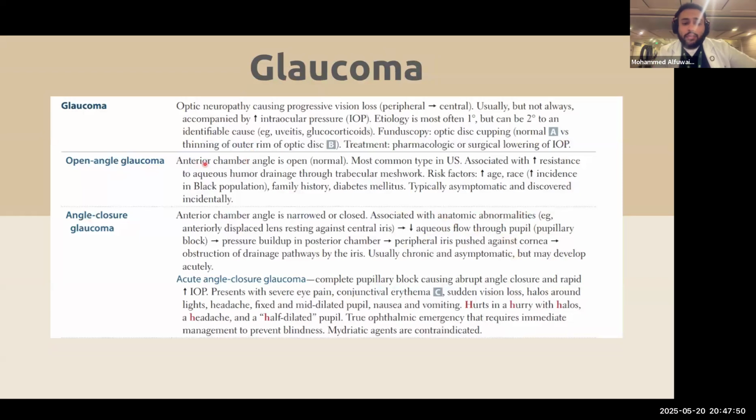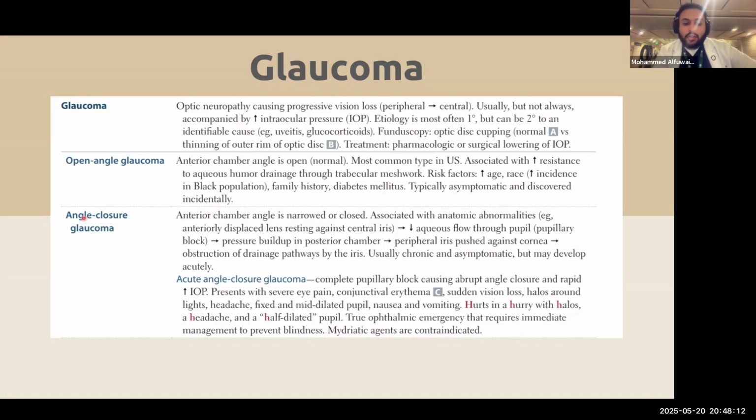So in open angle glaucoma, the anterior chamber is normal. It's the most common type, especially in the US. There are risk factors such as family history, age, and race. That's because of decreased aqueous humor outflow. It's usually asymptomatic and discovered incidentally. That's why I said it's less dangerous.